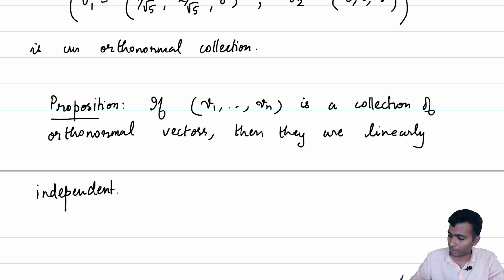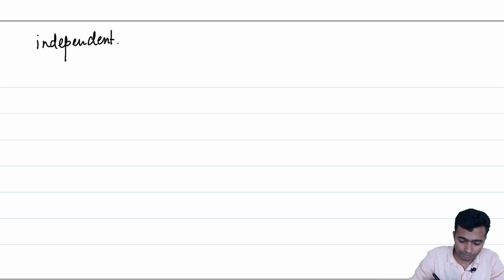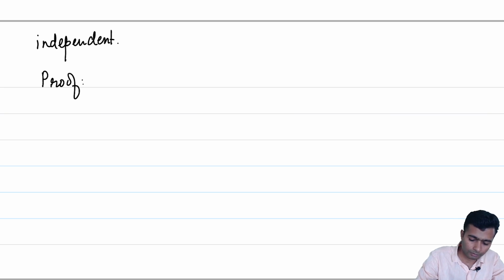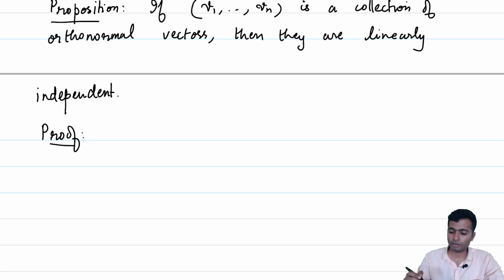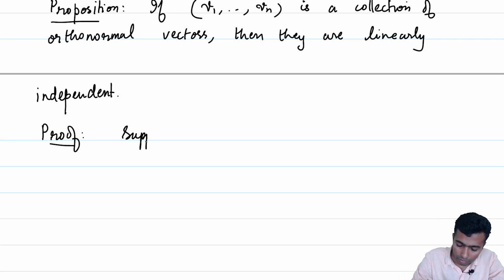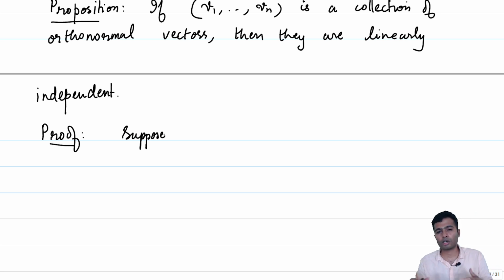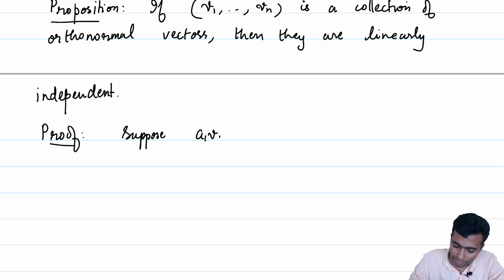Well, let's have a look at a proof. We could prove it in multiple ways, but let's make use of what we have already proved. So suppose we have a linear combination of v1 to vn which is equal to 0. Suppose a1 v1 plus a2 v2 plus up to an vn is equal to the 0 vector.